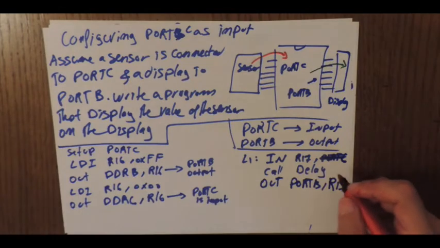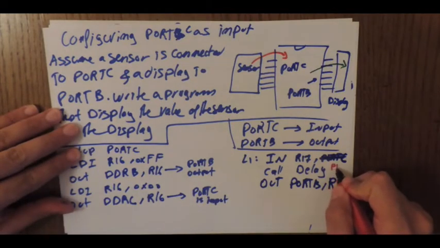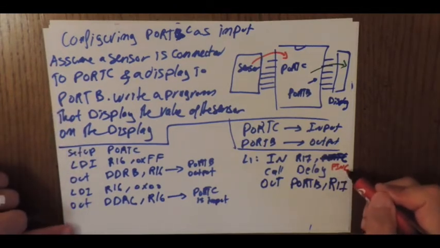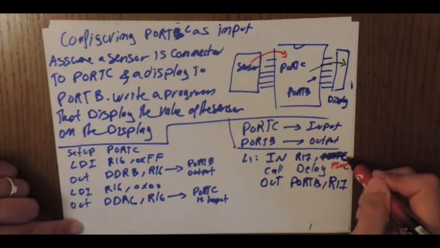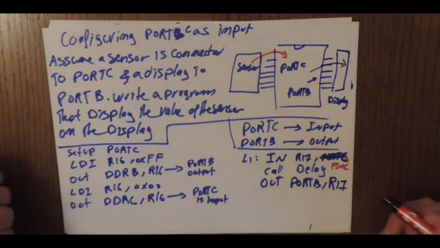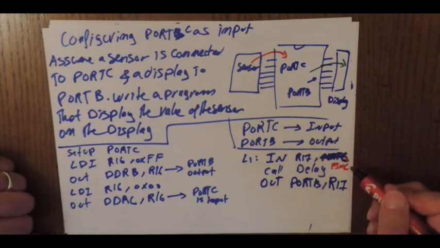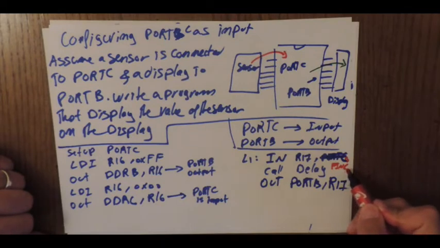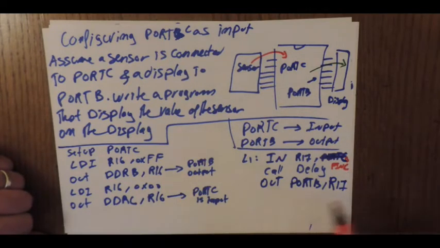This is pin C. When we read values, we always use pin C. So this is not port C, this is pin C. When we want to read something from a port, we use the pin. When we want to output values to a port, we use port B.